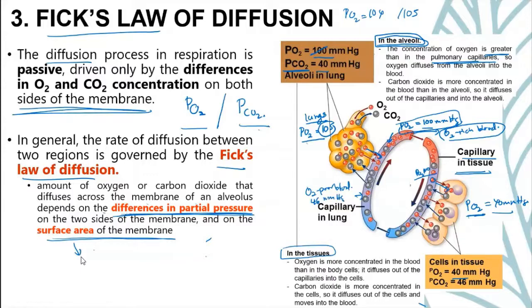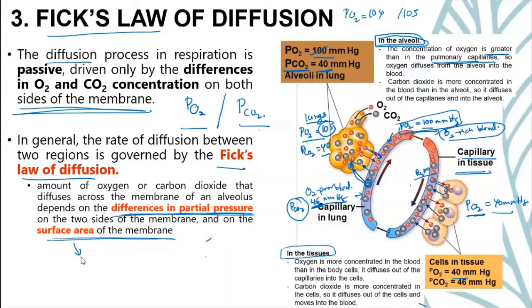This is the partial pressure of carbon dioxide in this blood capillary that enters the alveolus here. So the partial pressure of carbon dioxide, 46, is higher compared to 40. 46 is bigger. So carbon dioxide diffuses from the blood capillaries into the alveolus.